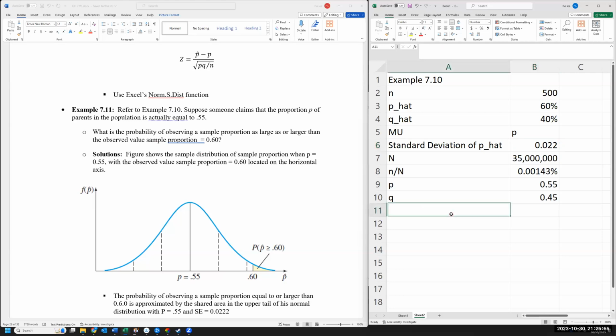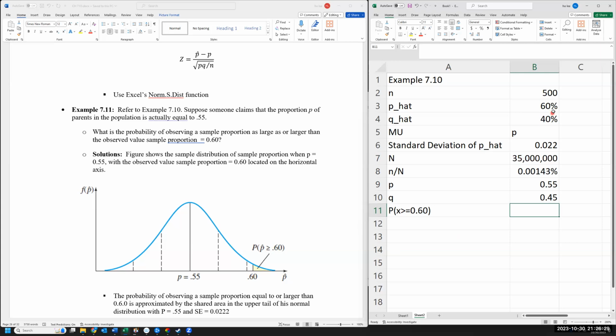So what they want you to find is the probability that X is greater than or equal to 0.60, okay? If we want to show that visually, we know that the true population proportion, someone told you, is 0.55.